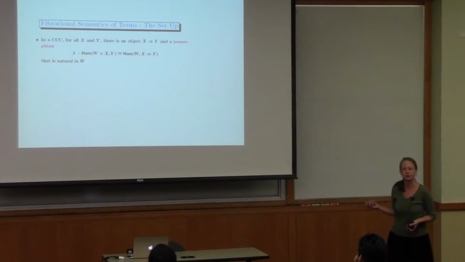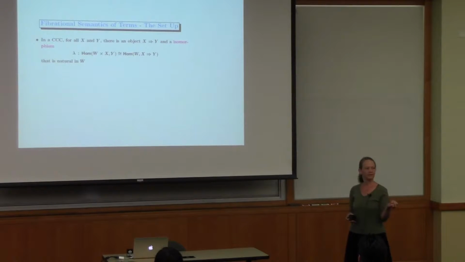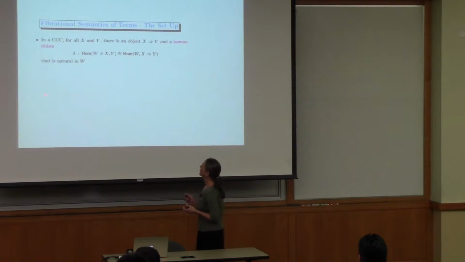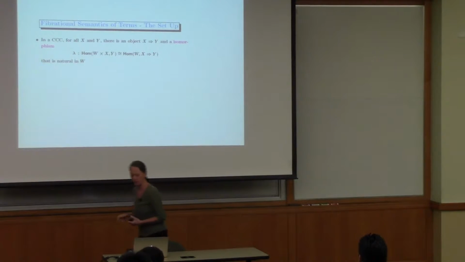But they have this nice relationship: if I have a morphism between W cross X and Y, then I have a corresponding morphism between W and the exponential object X to Y. So it isn't just that I have products and I have exponentials, it's that they have this relationship between them. And I'm going to use lambda to represent that morphism.